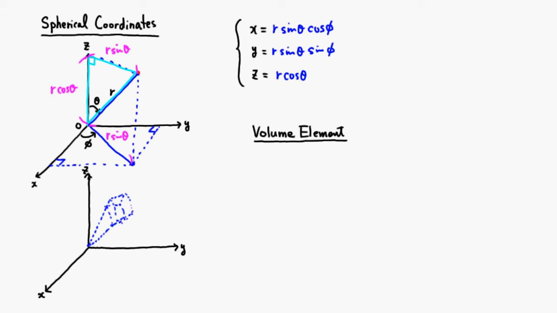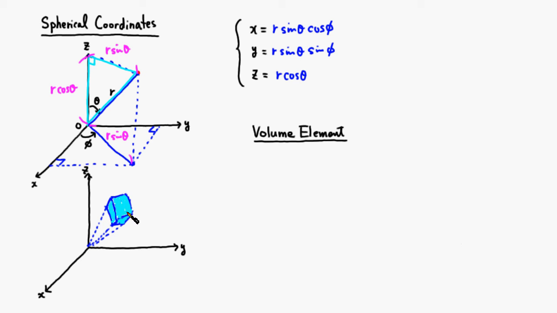Maybe I'll turn that into a solid. Something like that. Let's see if we can find the volume element for this. I'm going to paint a little bit so that you can see it.